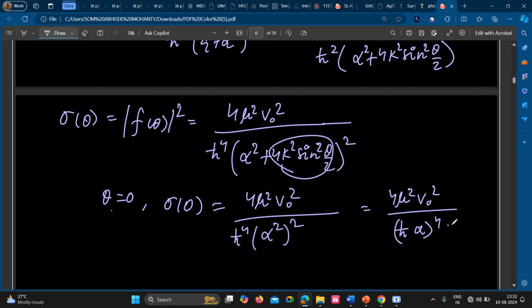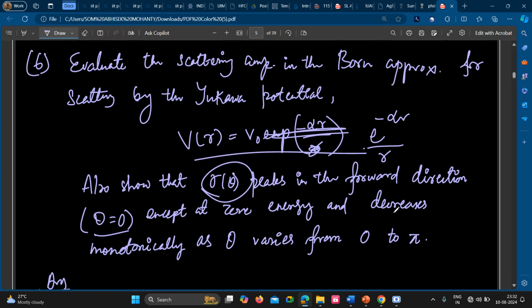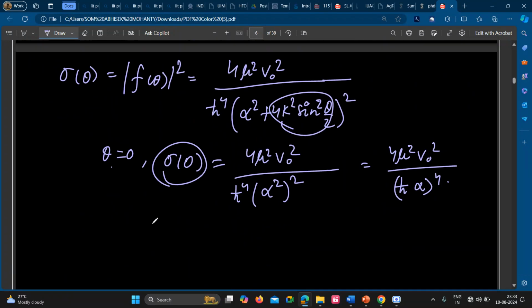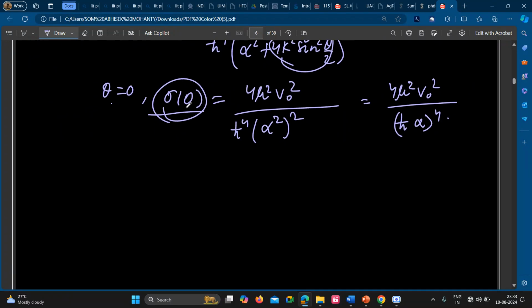So this is the peak value of sigma, because it peaks in the forward direction, theta equal to 0.